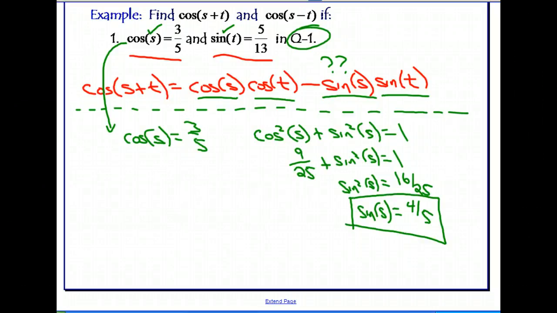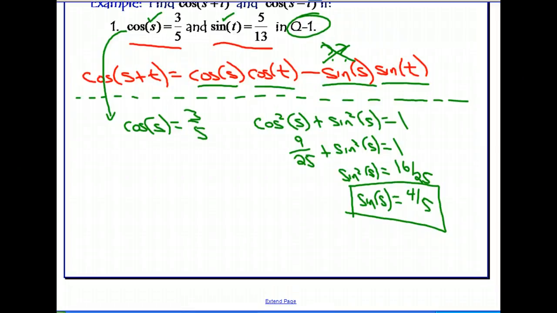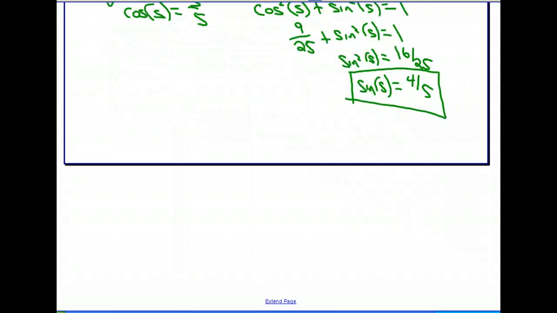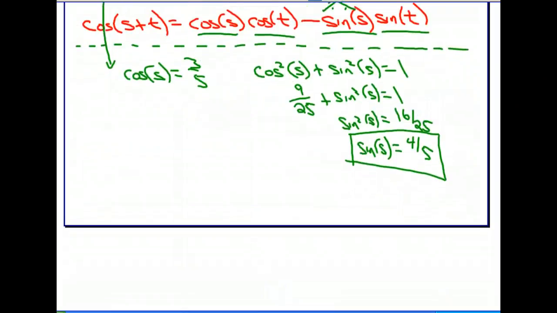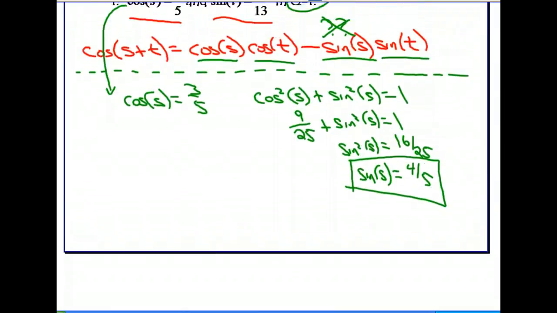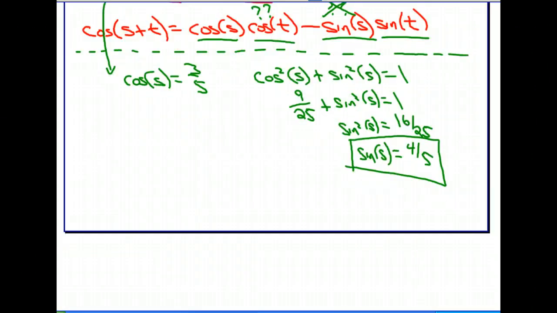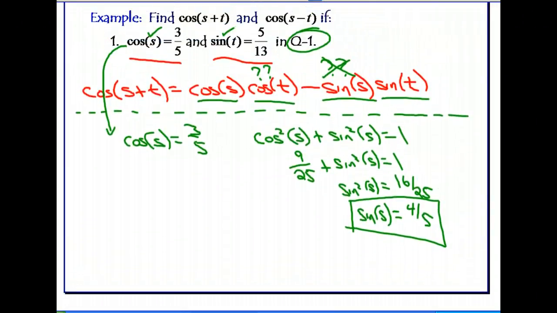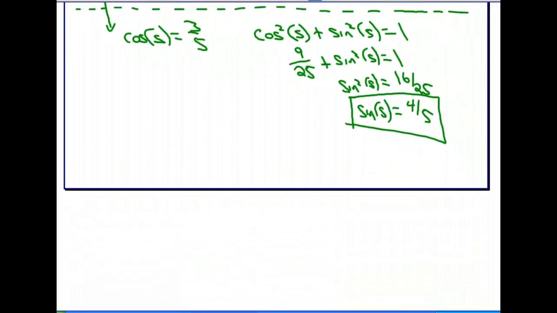So now we know one more thing that we were going to need for our identity. All right, similarly, and there's only 2 problems, which is kind of a bonus, but you can kind of tell now, oh, these get kind of long. Similarly, we don't know the cosine of t. They told us the sine of t was 5/13. So we'd try this again.